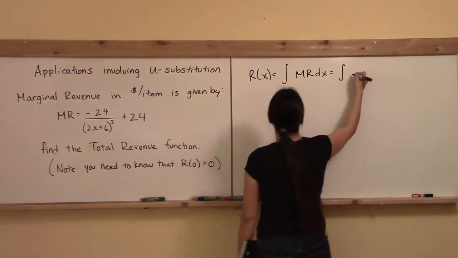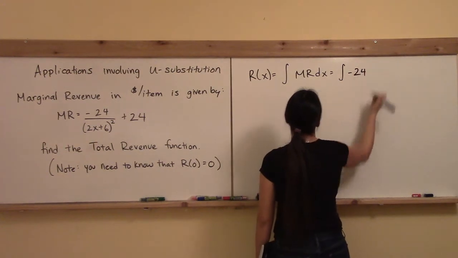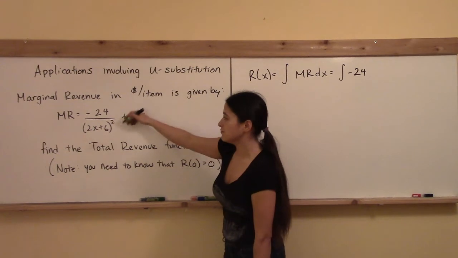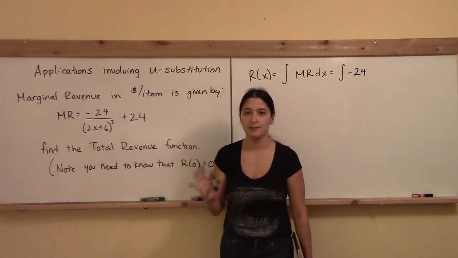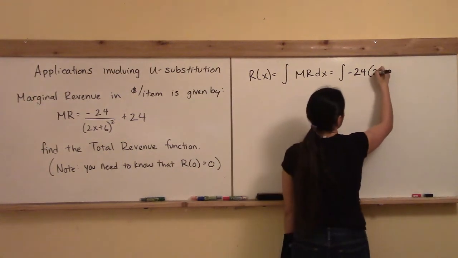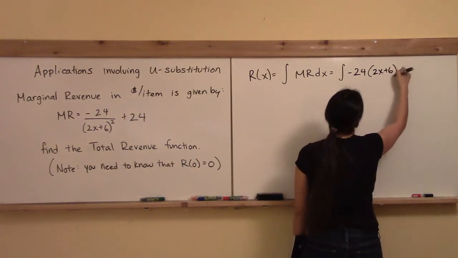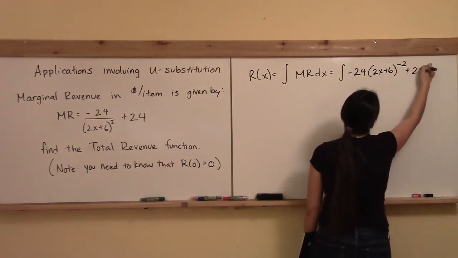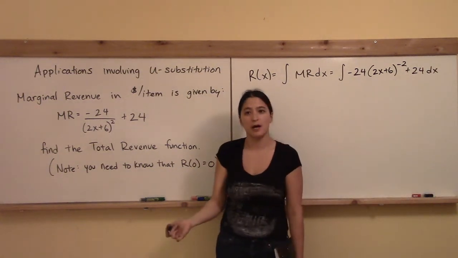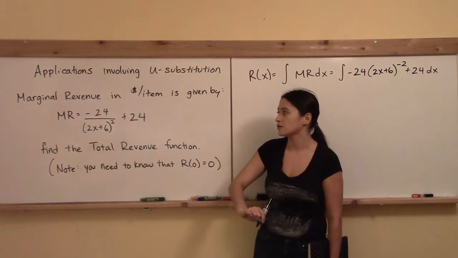And so what we're seeking to do is integrate the marginal revenue. Now marginal revenue starts with minus 24 divided by some stuff. Anytime I see divided by, I'm going to go straight for rewriting that stuff on top with a negative power, just like that. And that's because I'm going to have to do that anyway to use the power rule, so I just get that out of the way.